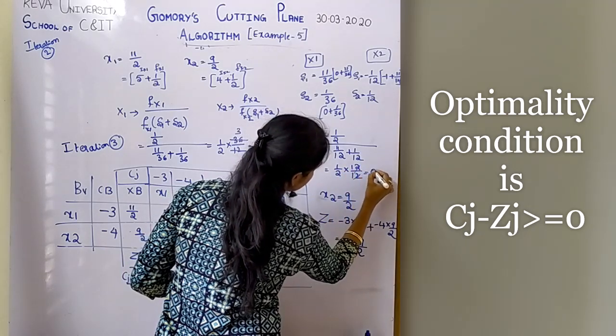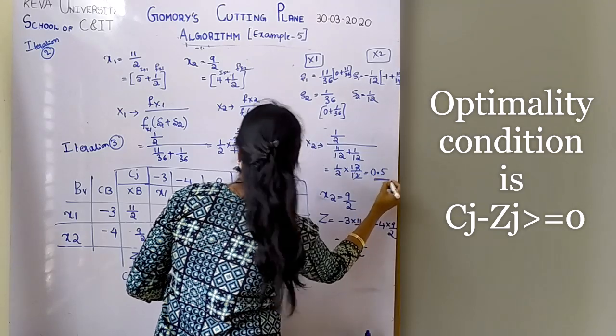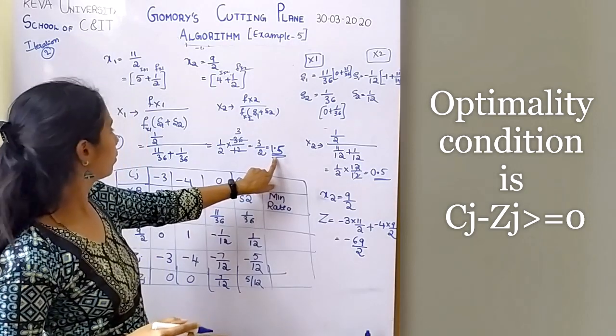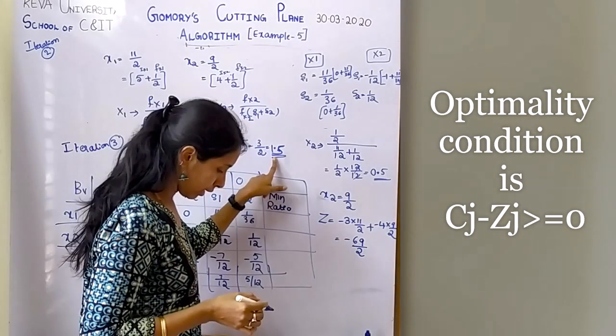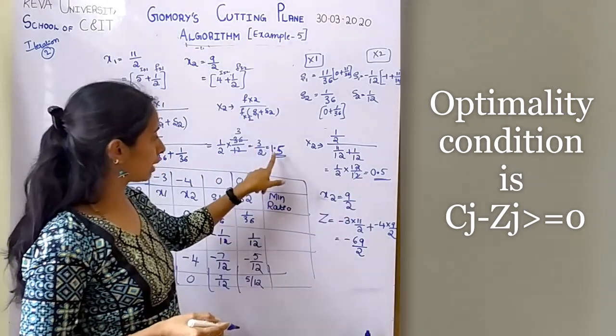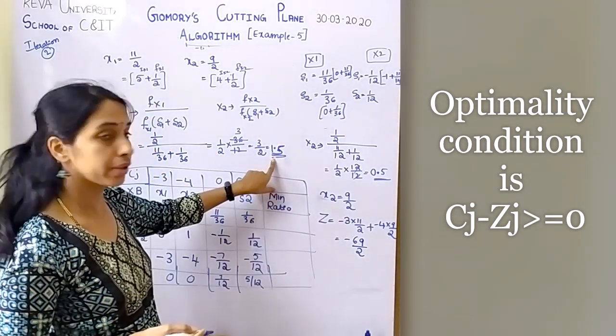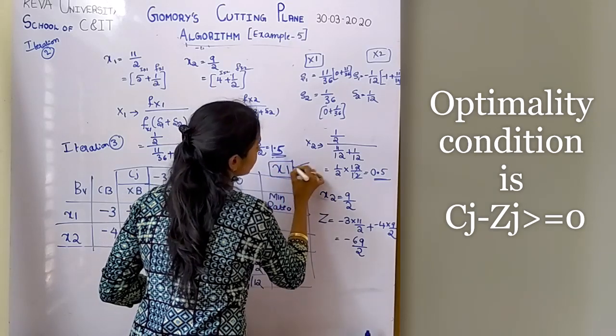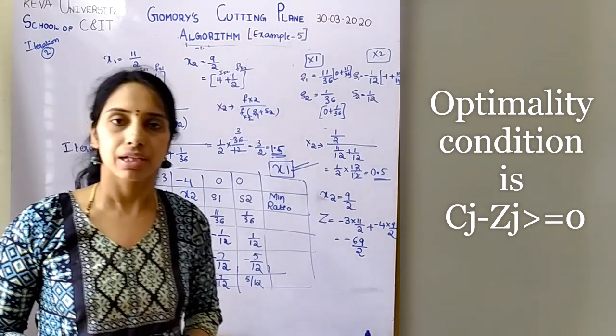This cancels. So you will get 0.5. So which is maximum among 1.5 and 0.5? So maximum is 1.5. So select x1 to generate the GOMORY constraints.